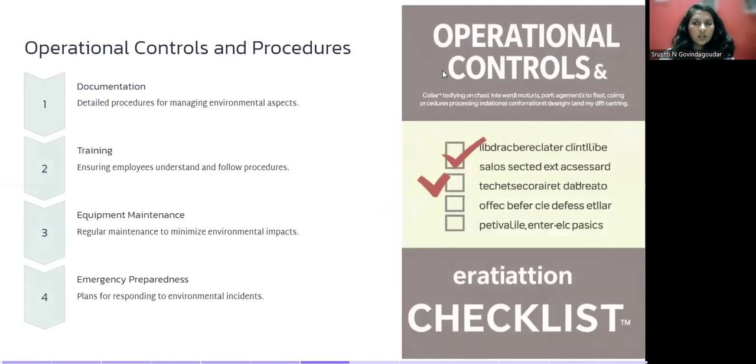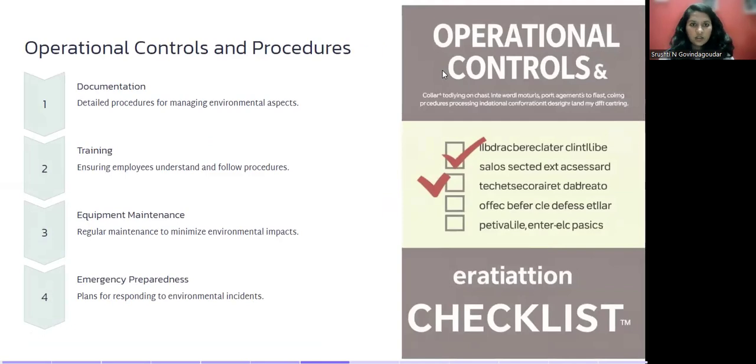The operational controls and procedures include documentation, that is, detailed procedures for managing environmental aspects; training, ensuring employees understand and follow procedures; equipment maintenance, regular maintenance to minimize environmental impacts; and emergency preparedness, planning for responding to environmental incidents. So, prepare a checklist before the operational controls and procedures.